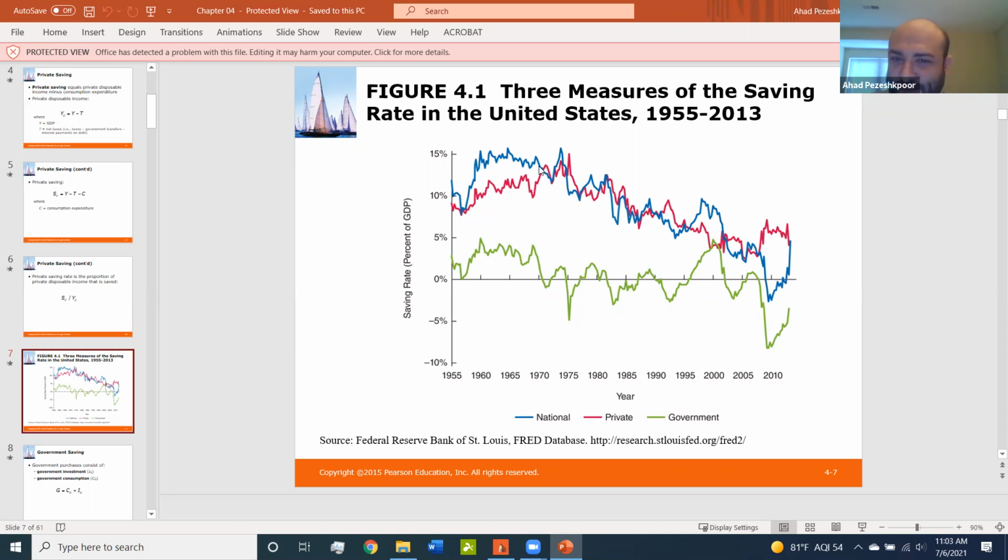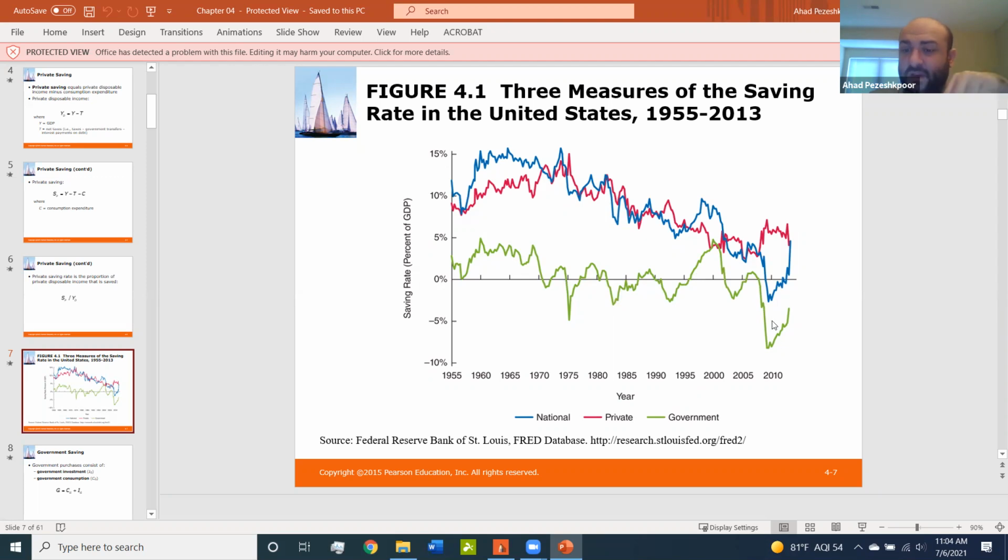The private sector's saving, since 2005, is constantly going down because the country keeps getting richer and richer. But you can see, for example, in the 1980s, it was like 10%. But the funniest thing is the government saving rate. The government saving rate is virtually nonexistent.